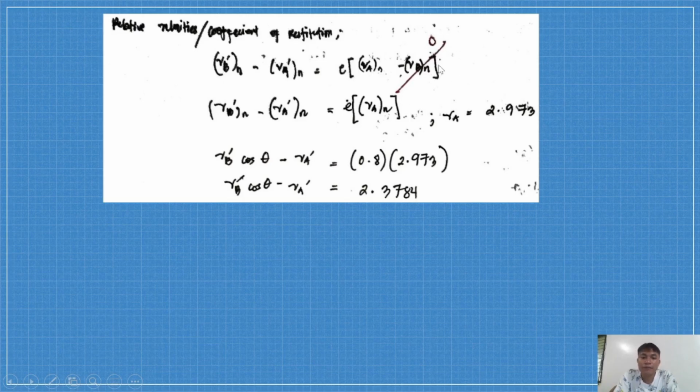Since our vB is 0, we are left with e times vAn. Substituting VA equal to 2.973 and the restitution coefficient of 0.8, we get vB with an apostrophe cos theta minus vA apostrophe is equal to 2.3784.